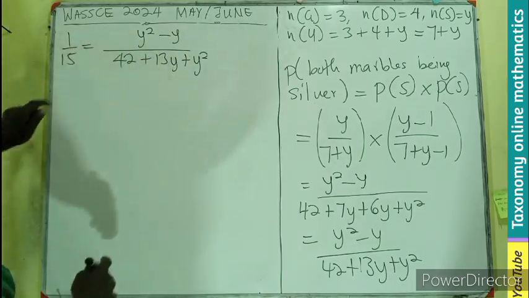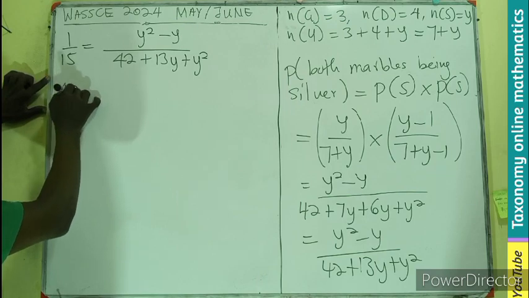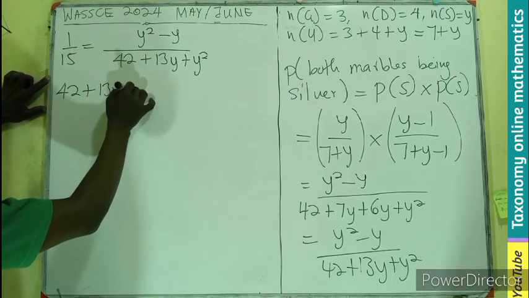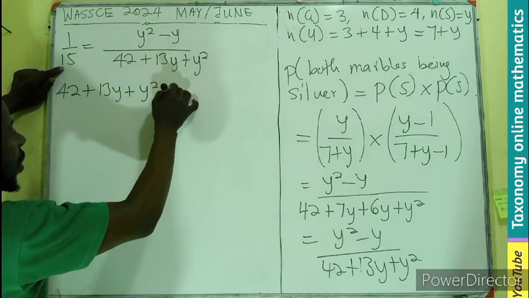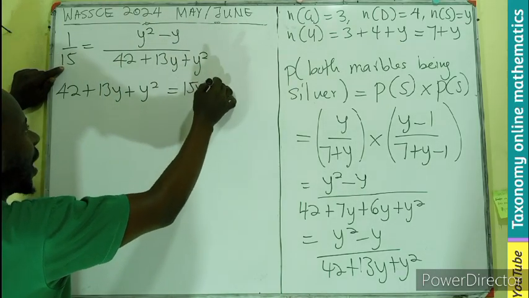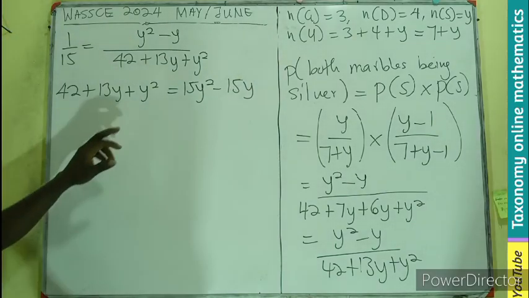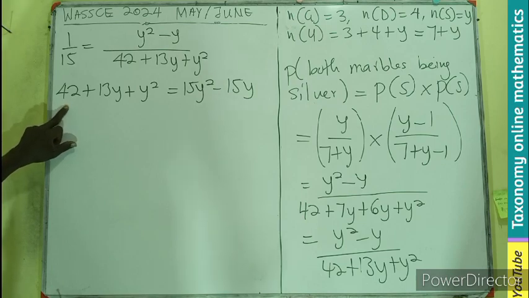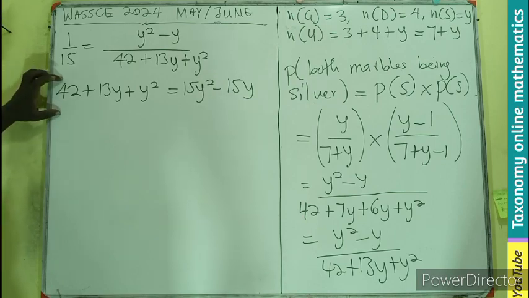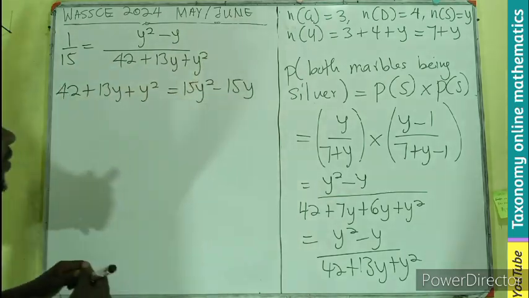We cross multiply. So this guy will multiply the 42 plus 13y plus y squared, and 15 will multiply this to give 15y squared minus 15y. I'm seeing y squared, y, and a constant, which gives me the idea of a quadratic equation. So let's move all the terms from the left to the right.